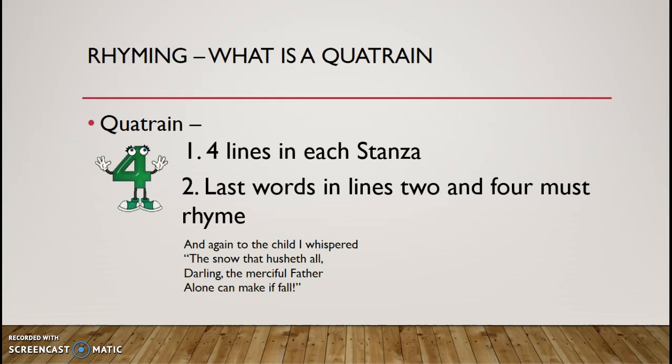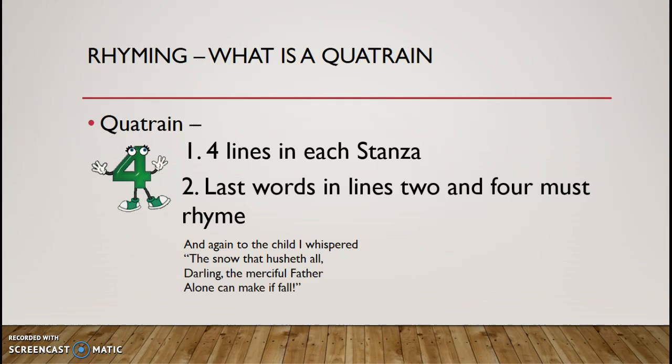So if we look at this stanza again, "And again to the child I whispered, the snow that husheth all," that's the second line, and it's the last word. "Darling, the merciful Father alone can make it fall." Fall, again, is your last word, and it rhymes with all. So it's in your 4th line of the stanza.